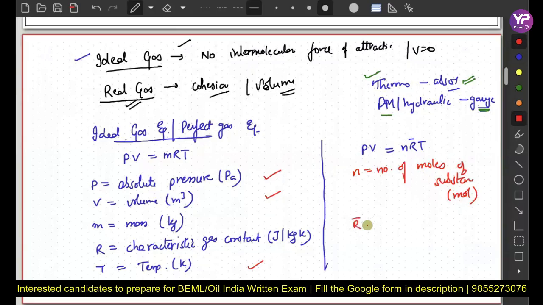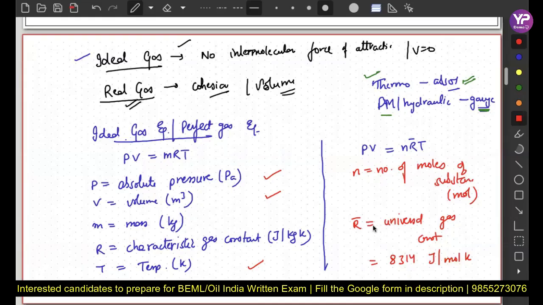What is R̄? R̄ represents the universal gas constant. The universal gas constant has a constant value for all cases, that is 8.314 joule per mole Kelvin. That is the unit of the universal gas constant.